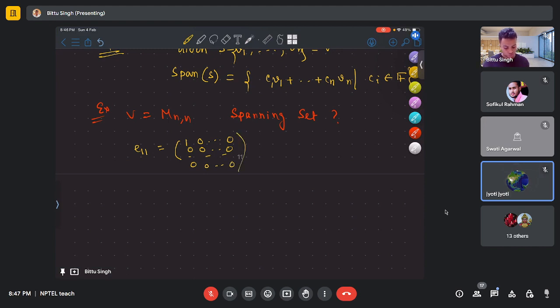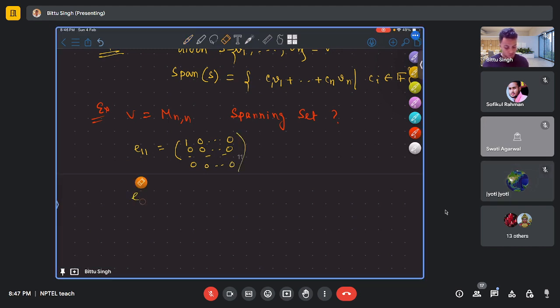Yes, the standard basis will work: E11, E12, up to E1n. Similarly, the spanning set is equal to Eij, where i equals 1 up to n and j is also 1 up to n.